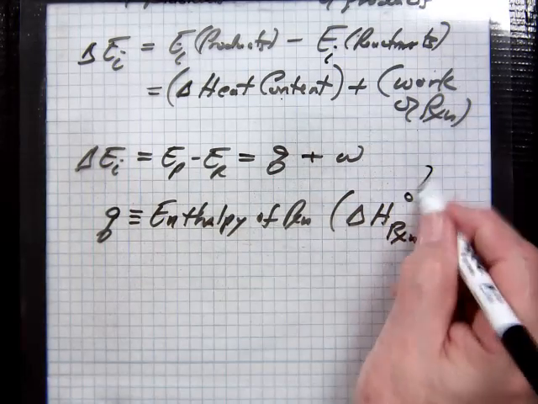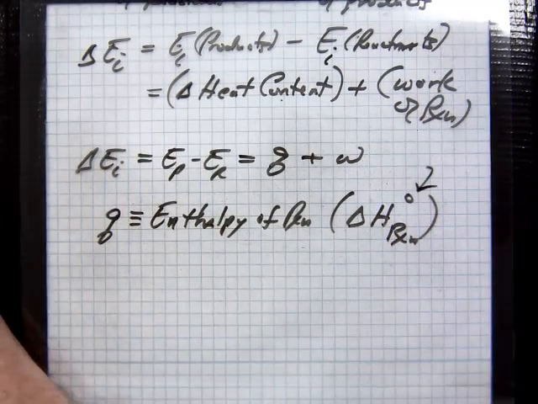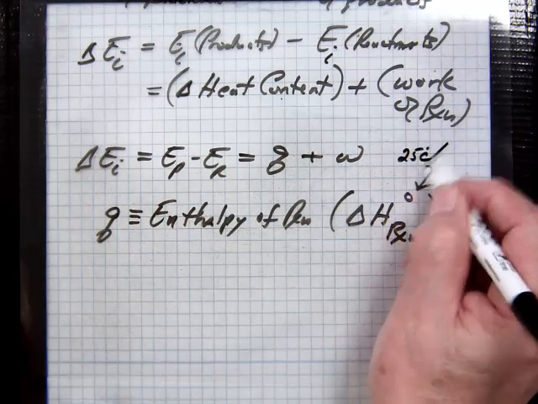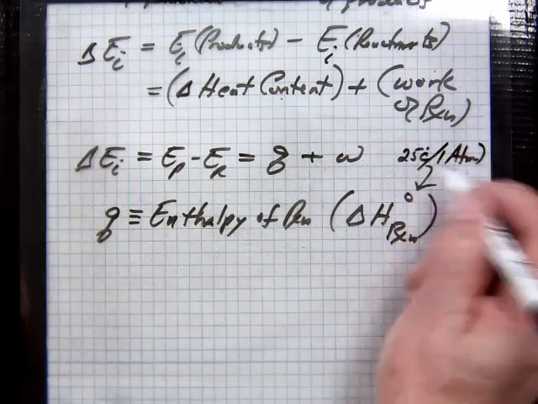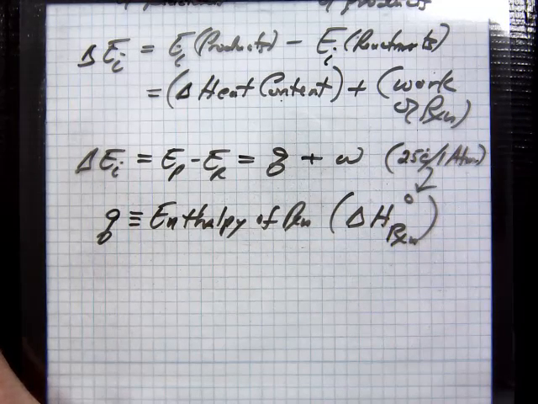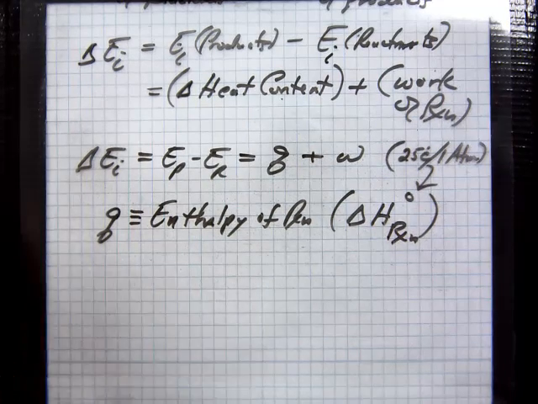That little circle up there is what we refer to as standard thermodynamic conditions. And that's 25 degrees Celsius in 1 atmosphere. Now, the reason that's set up there is because all the tables in the back of the book that you're going to see here in a minute are all set up at 25 degrees in 1 atmosphere. And there's a way to calculate that enthalpy of reaction. And it's also heat of reaction.